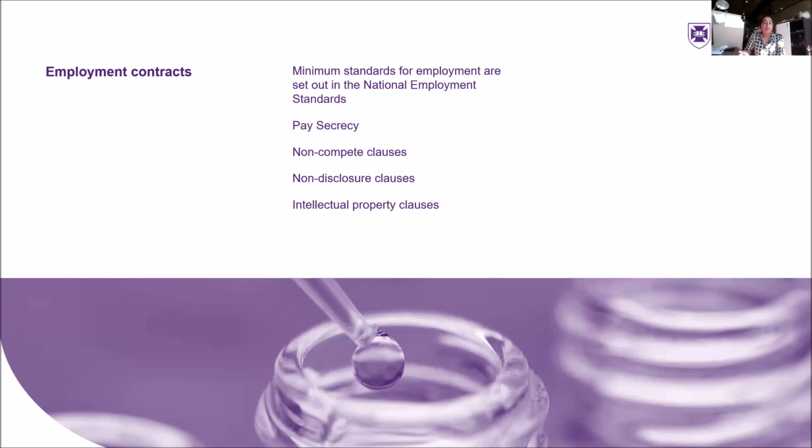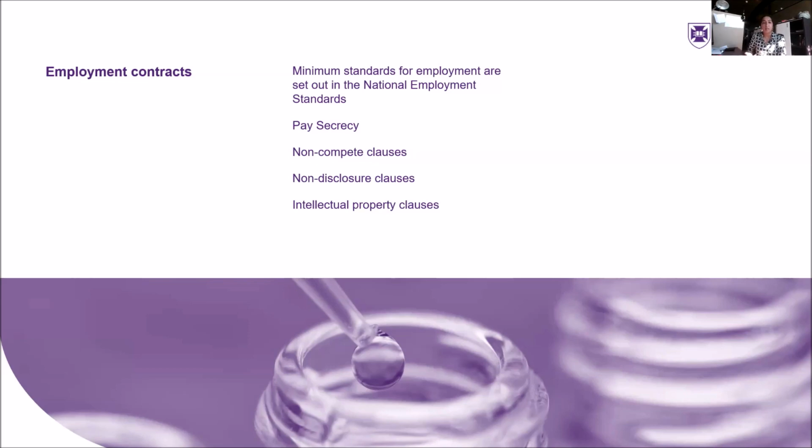But there is more on top of what is even in your employment contract that is worth being aware of. Legislation plays a big part here in that there are minimum standards for all employment that are set out in the National Employment Standards, which are all easily accessible and available online.